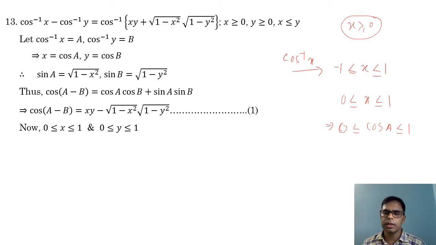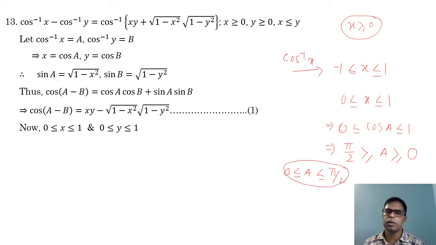And since cos inverse is a decreasing function, therefore cos inverse 0 will be pi by 2, so pi by 2 is greater than or equal to a, which is greater than or equal to 0. So confirmly I will get the value of a in the first quadrant. In the similar way, the value of y is also in the first quadrant.